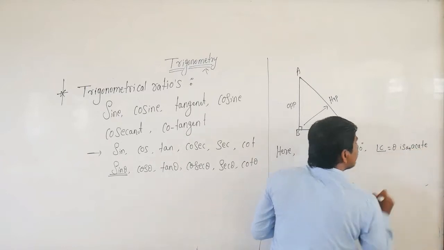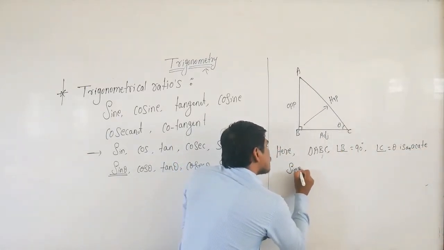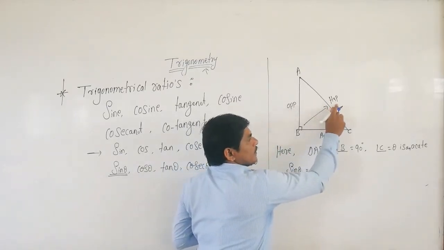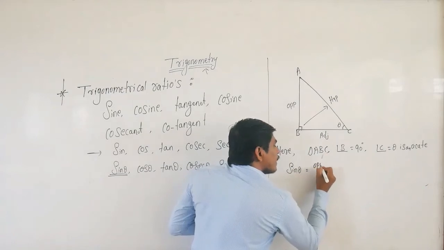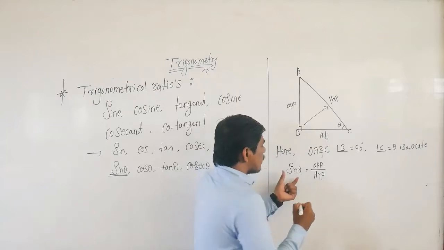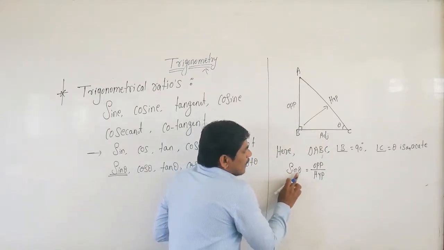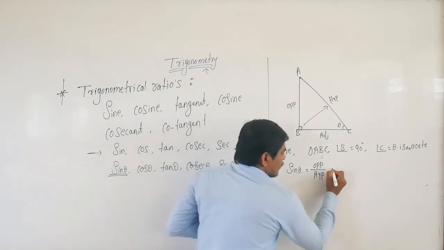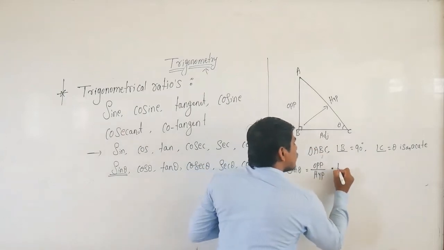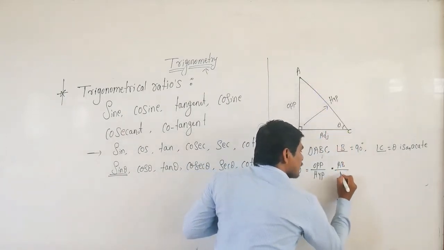Sin theta means opposite by hypotenuse. Sin theta definition is the ratio of the opposite side and the hypotenuse side. So sin theta is equal to opposite by hypotenuse. In this figure, the opposite side is AB and the hypotenuse side is AC. So you write AB by AC.